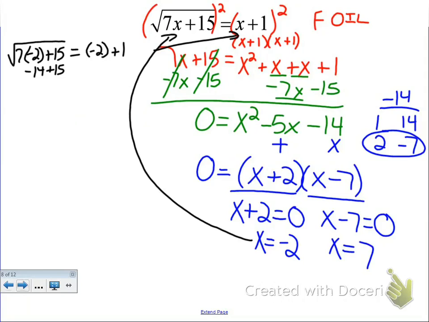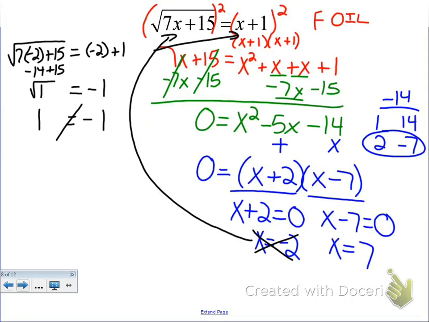Negative 14 plus 15 is positive 1, and then the square root of positive 1 is 1. On the right-hand side, negative 2 plus 1 is negative 1. So does 1 equal negative 1? No, it does not. So these are not equal. So that means negative 2 is not an answer, not possible.